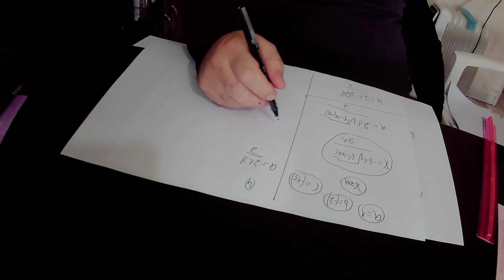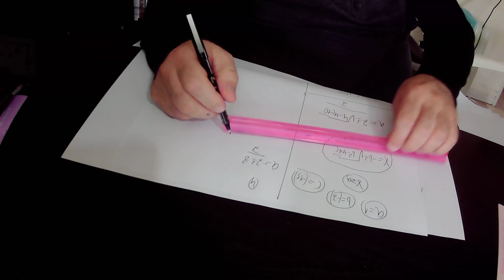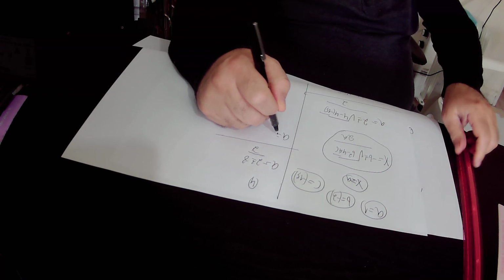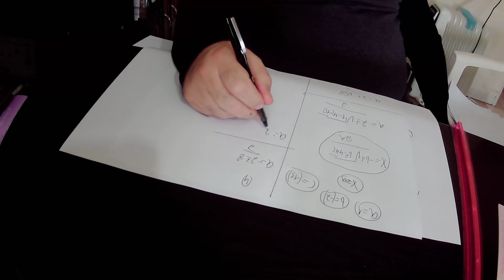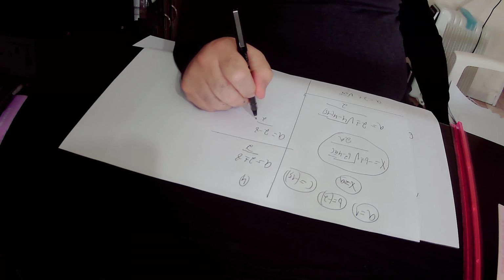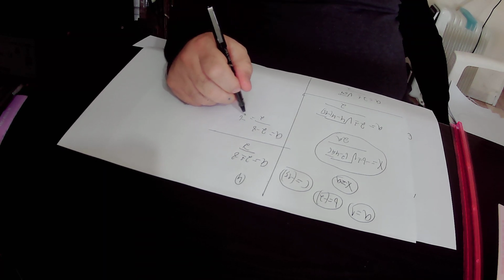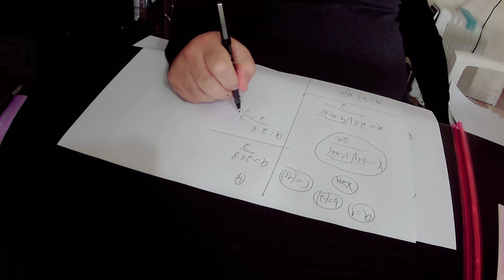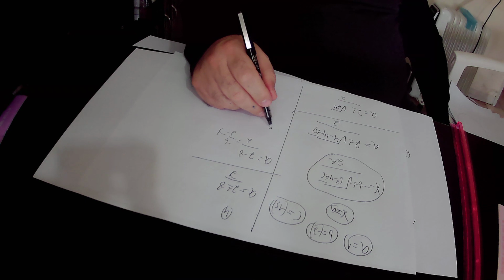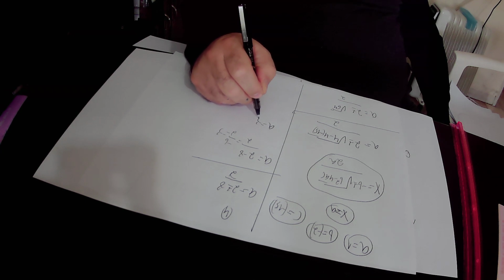The first solution is a equals 2 minus 8 over 2. 2 minus 8 is minus 6, and minus 6 over 2 is minus 3. So we found out that a equals minus 3.